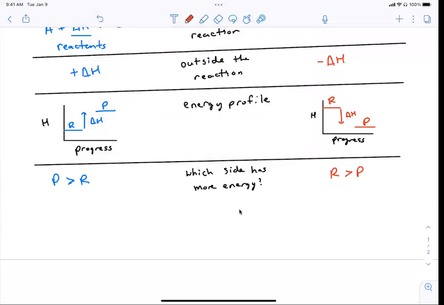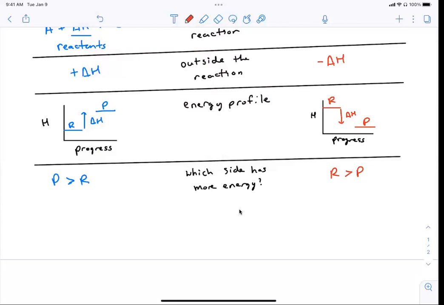Yes, Marina? Like you're adding the heat to the reactant side. Correct. The goal is for them to match each other. So the idea is reactants start at a certain level, and wherever the products are for the reaction, if the products are higher, then the reactants have to absorb energy to reach that state.